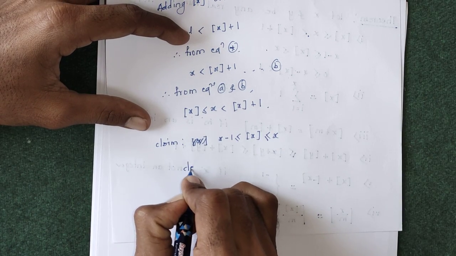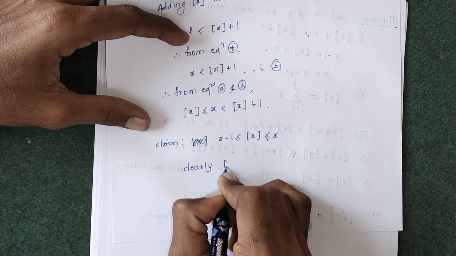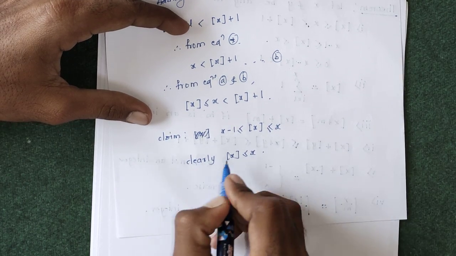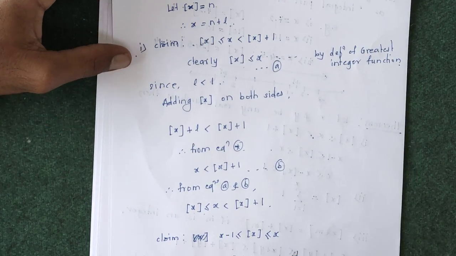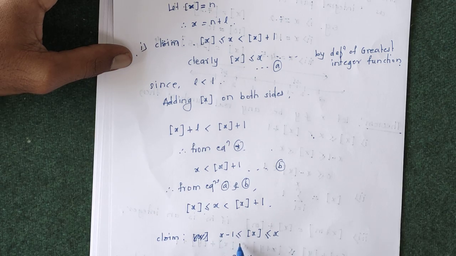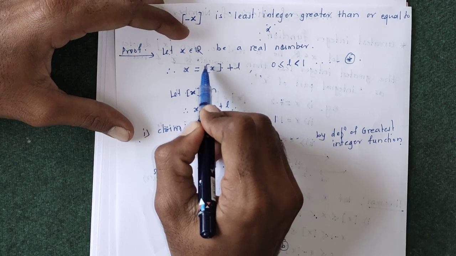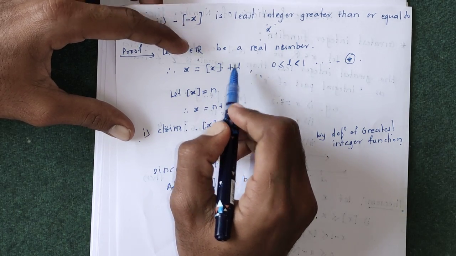Clearly integral part of x is less than or equal to x. Now, we have to prove x minus 1 is less than or equal to integral part of x. We have x is equal to integral part of x plus l.